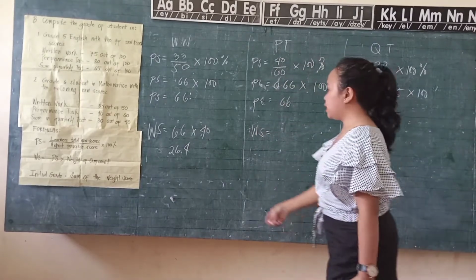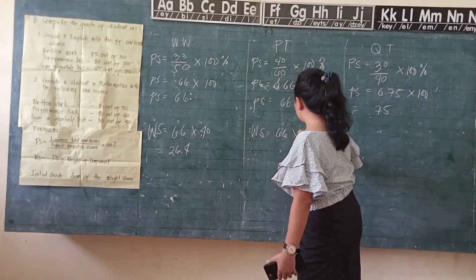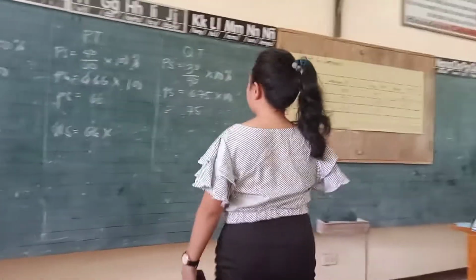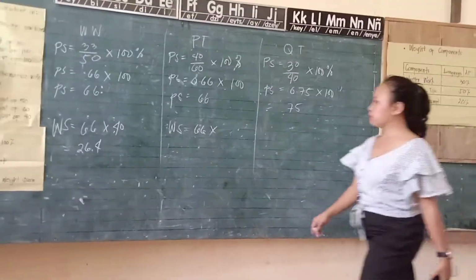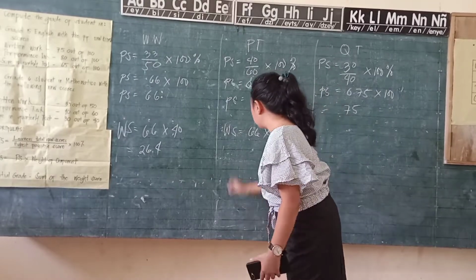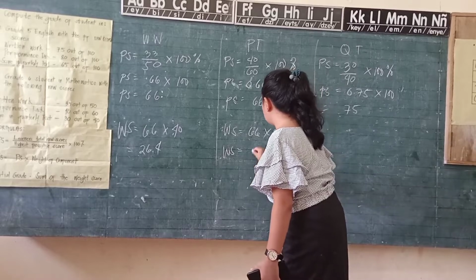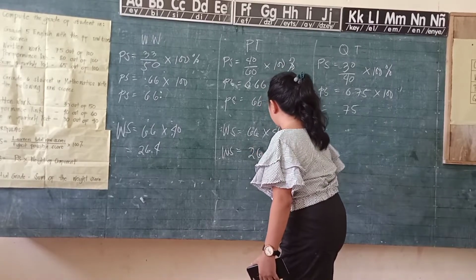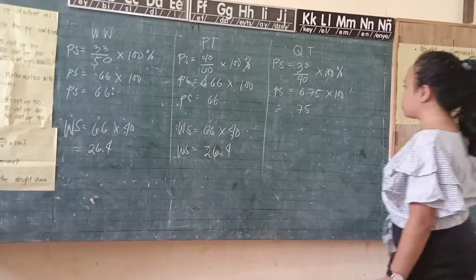Next is for the performance task. The weighted score is equal to the percentage score, which is 66, times the weighted component for the performance task in mathematics, which is 40% or 0.40. So 66 times 0.40 is equal to 26.4. Let's proceed to the quarterly test.